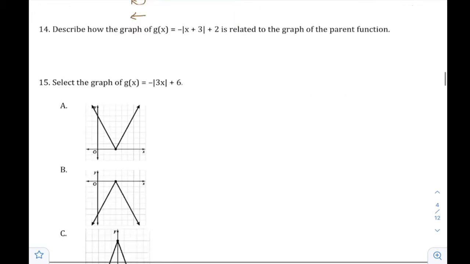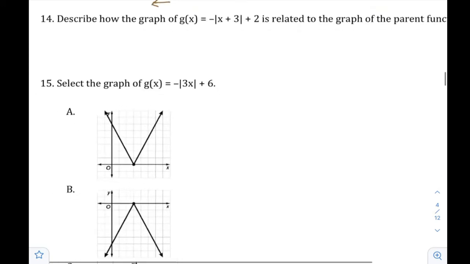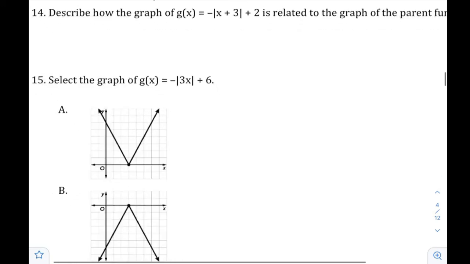Describe how the graph g of x is related to the graph of the parent function. Now, this function has a parent function, يعني originally it was absolute value of x only. Now, what is added? You have here the minus is multiplied. It's outside the group. And any minus means reflection.